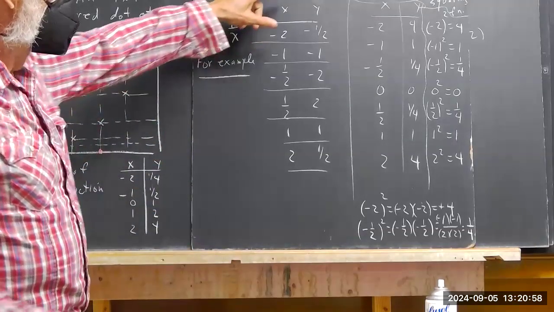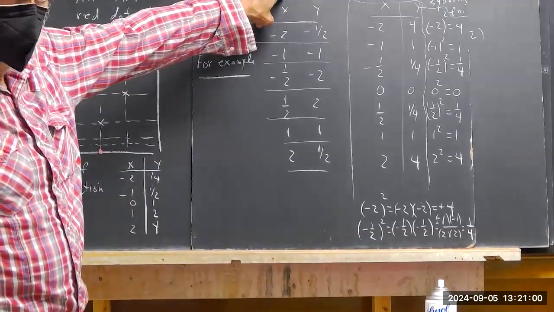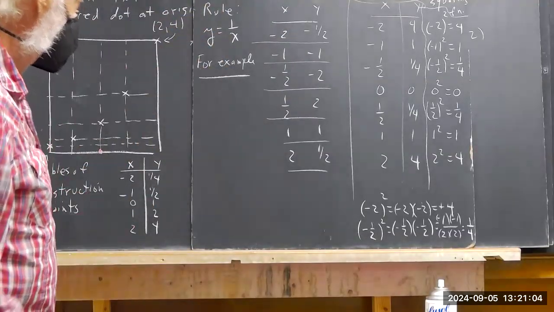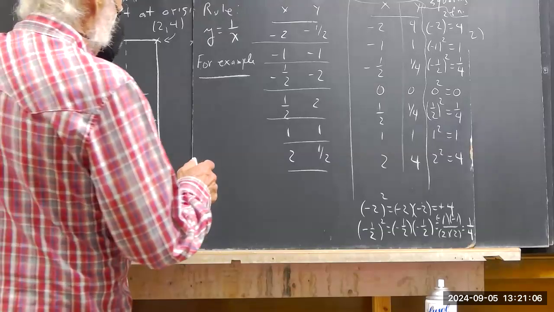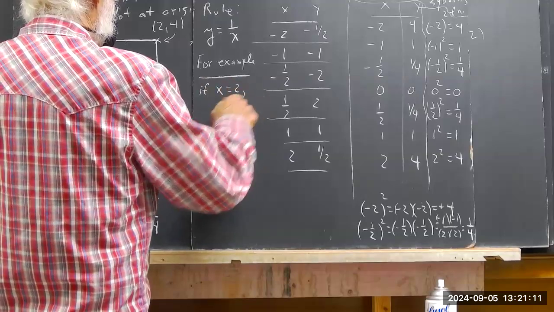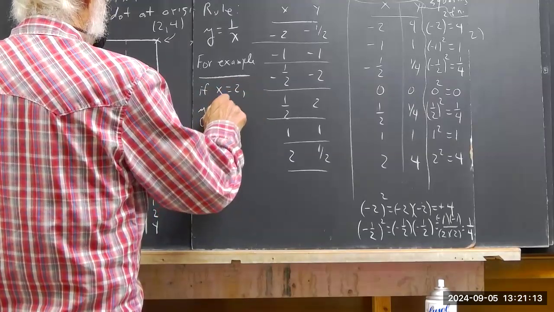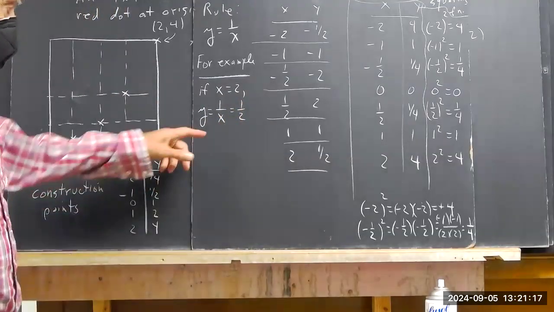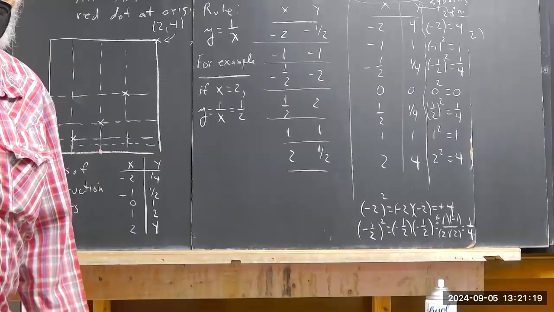Still, this is the reciprocal function. That's what we called it. Reciprocal means flip it over, the one divided by the number. For example, if x equals 2, y equals 1 over x, which is 1 over 2, right?